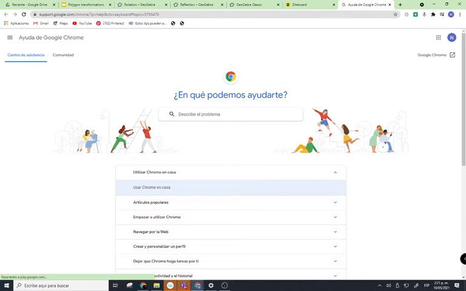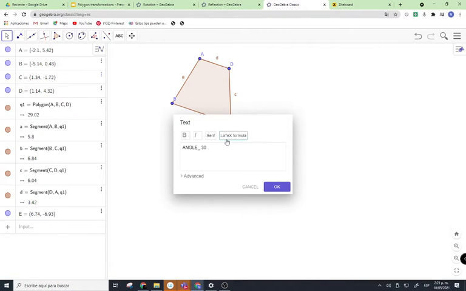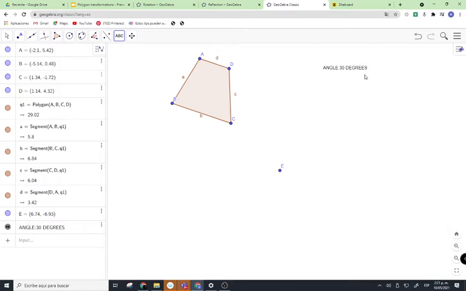I don't know how to put the symbol of degrees on my keyboard. But anyway, it doesn't matter. The angle is 30 degrees. I will write it here just to remember. So, let's continue with this video.